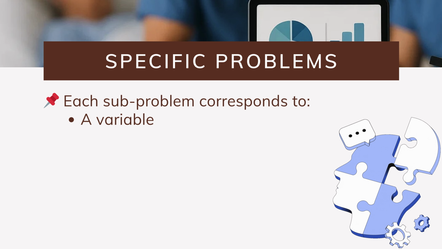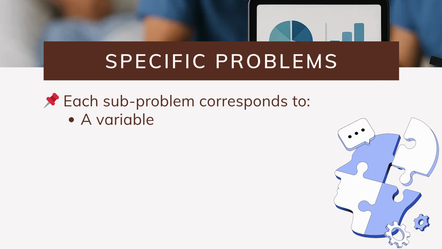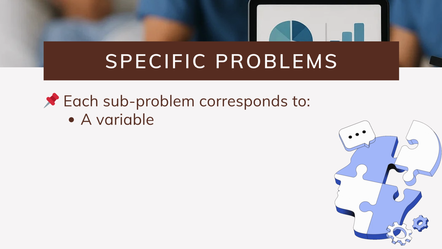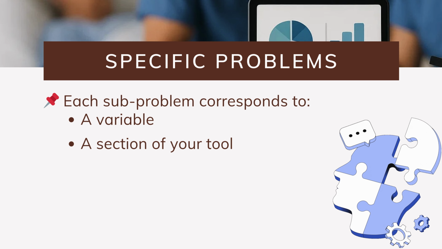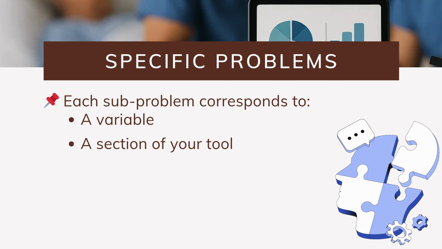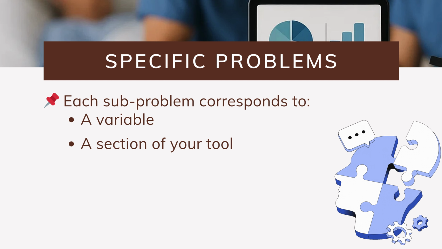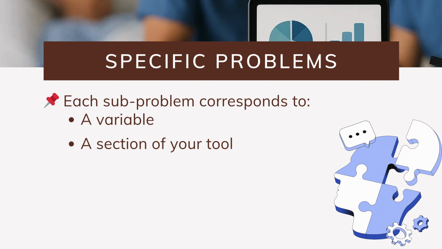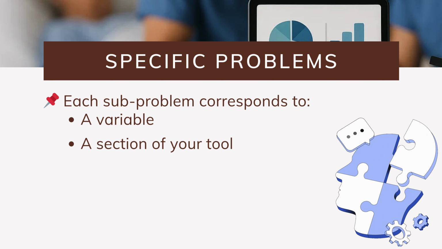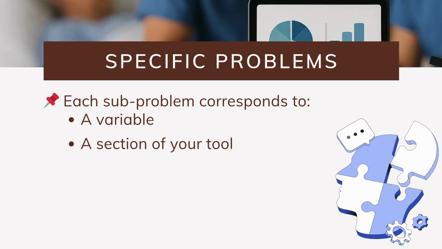First, every sub-problem corresponds to a specific variable in your study. Second, they should match sections in your research tool or instrument, for instance, a section measuring knowledge or a checklist for compliance.